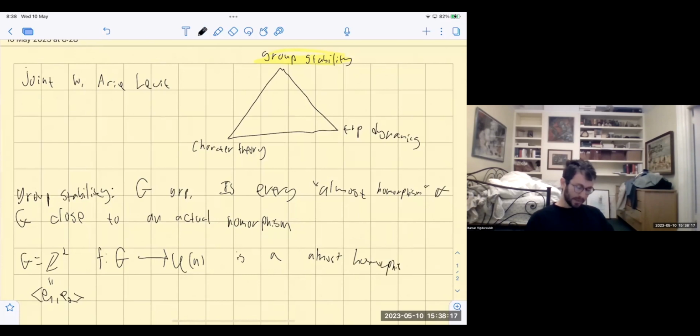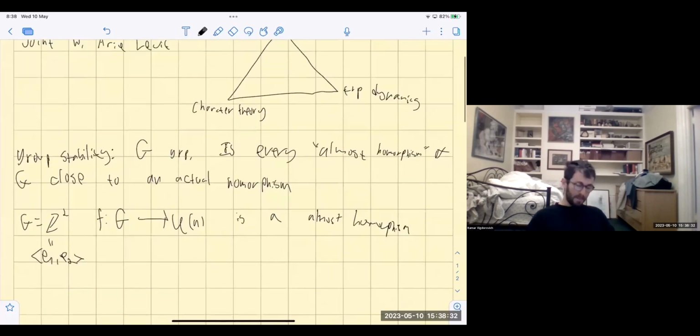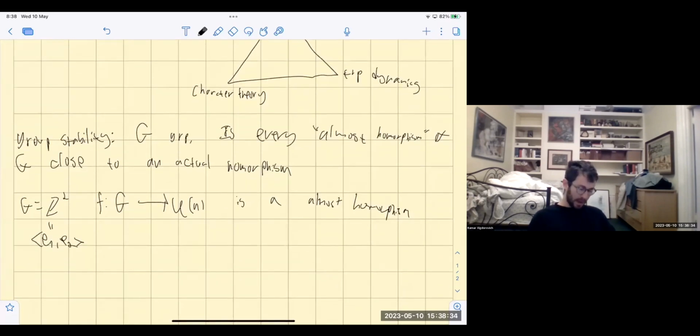What is a homomorphism from Z^2 to the unitary group? It's choosing two unitary matrices that commute. This is an actual homomorphism. You need to choose two unitaries, and they need to satisfy the relation of commuting. But an almost homomorphism means that F(e1) and F(e2) have a group commutator that in norm is close to 1.